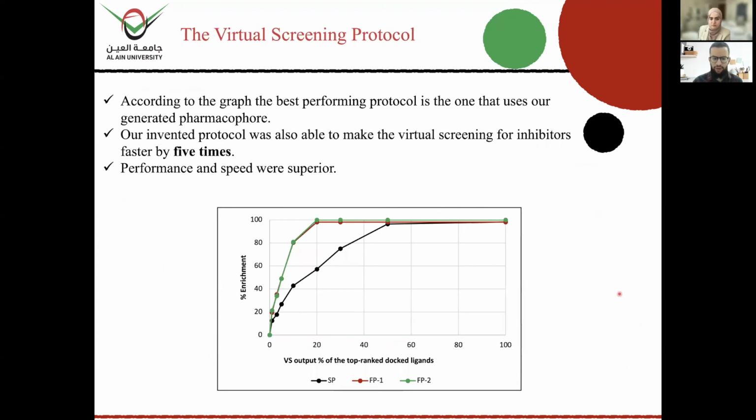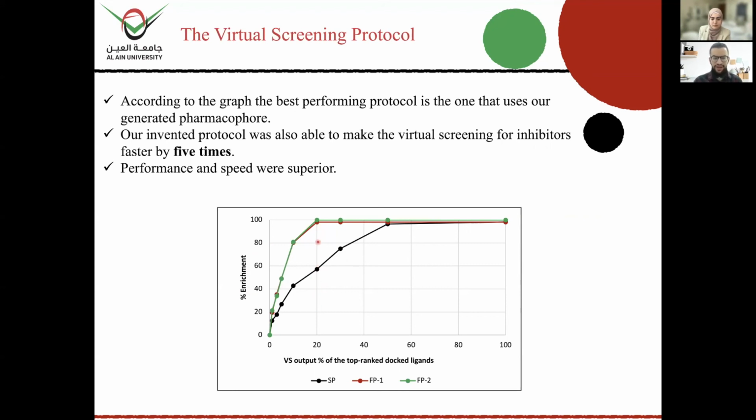The next plot illustrates both the filter-based protocol and the standard protocol, where we found that the filter-based protocol was superior to the standard protocol in terms of efficiency. For example, in the top 20 percent of ligands docked inside the hENT1, using the standard, unfiltered protocol resulted in retrieving only 60% of the inhibitors.